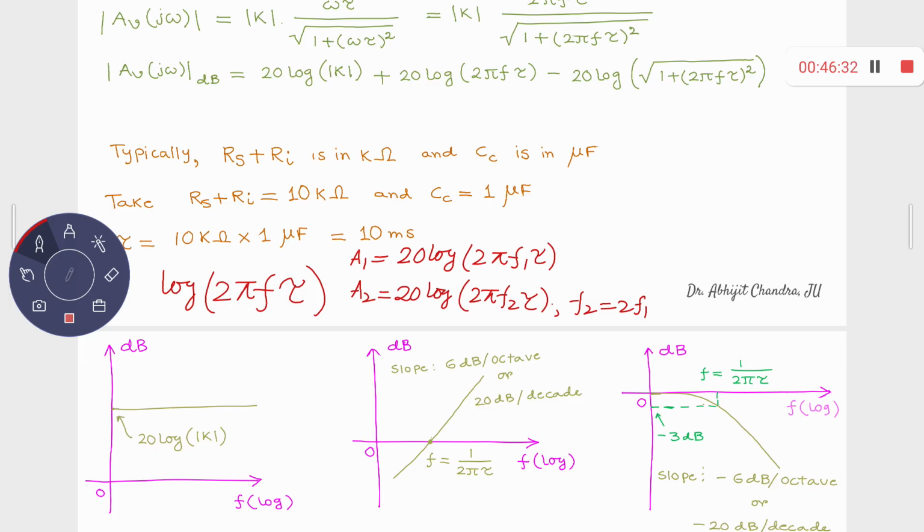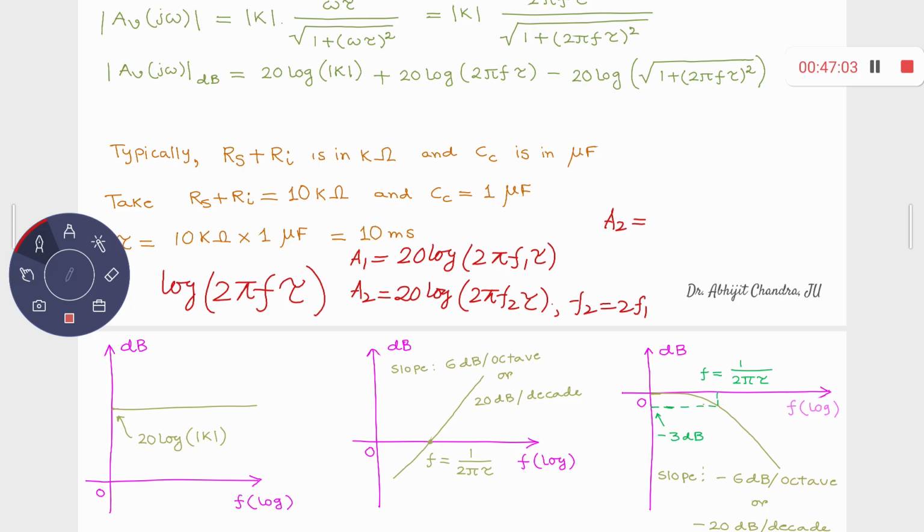So how can I write this A2 in terms of A1? A2 is equal to 20 log of 2 pi f2 tau. Now f2 is nothing but 2 f1, so I can take this 2 part outside. So what is log 2? You just calculate what is log 2? It is 0.3, not 0.69.